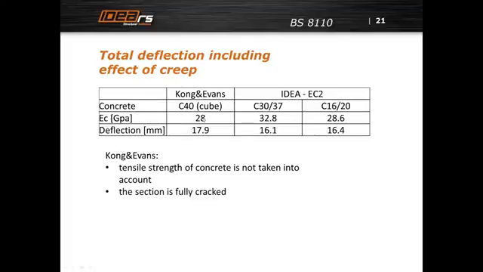According to the code, I calculated it yesterday, it was slightly more, but they used 28 exactly. According to Eurocode, you can find in the table that it is significantly higher. That is already one comparison: the moduli of elasticity defined in Eurocode are quite a bit higher than those based on British standard.